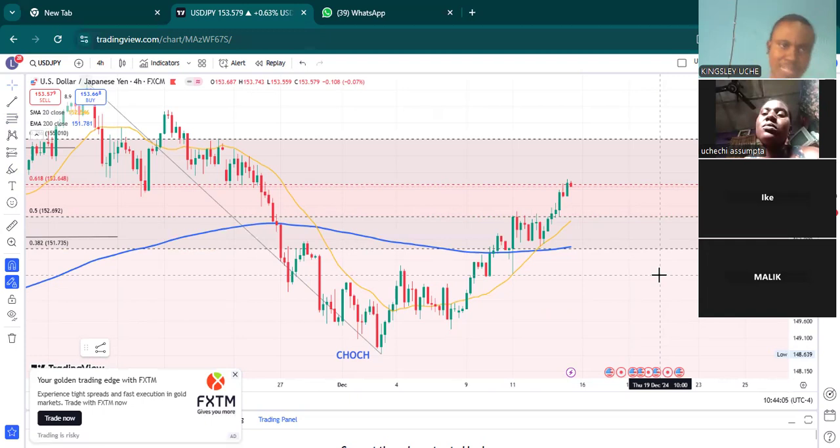Remember, this pair is an uptrend market, and in an uptrend market we are looking to sell, because any uptrend that we see in any pair means the market wants to sell. We need to wait for the process to pass for us to get to that level to buy or sell.